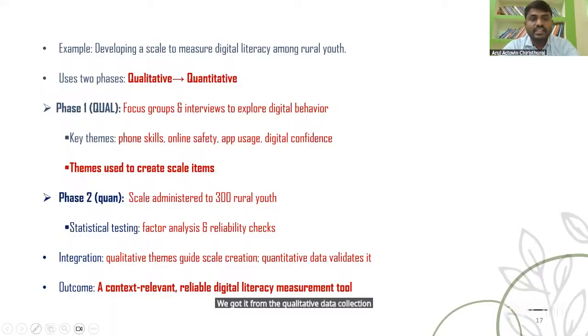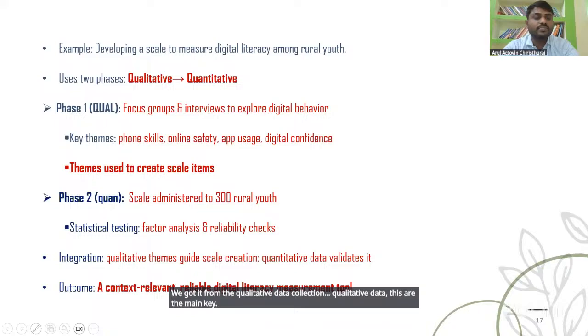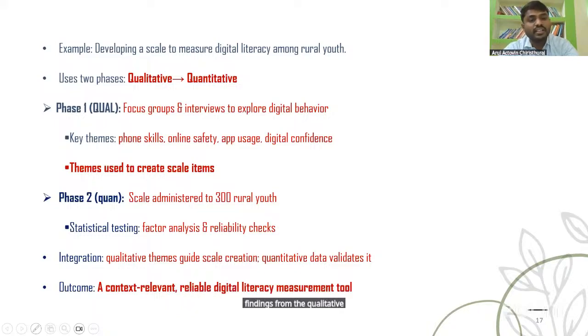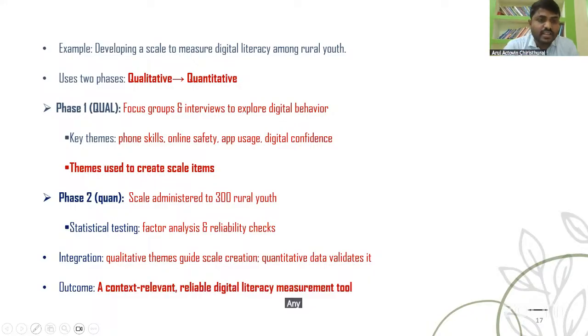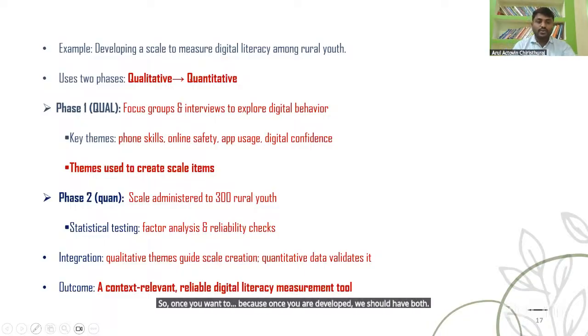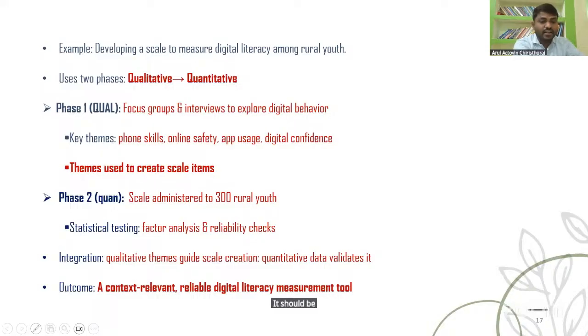Based upon these themes, we can create scale items if we are developing a scale. Once developed, it should be context relevant, reliable, and valid. All three things we are supposed to check when developing any scale.